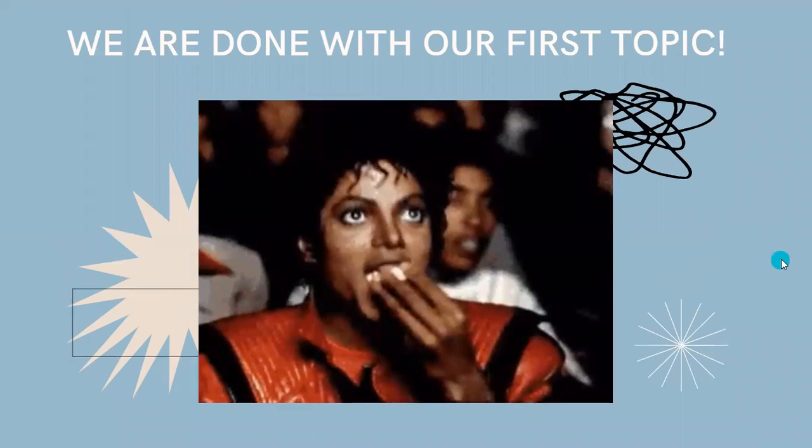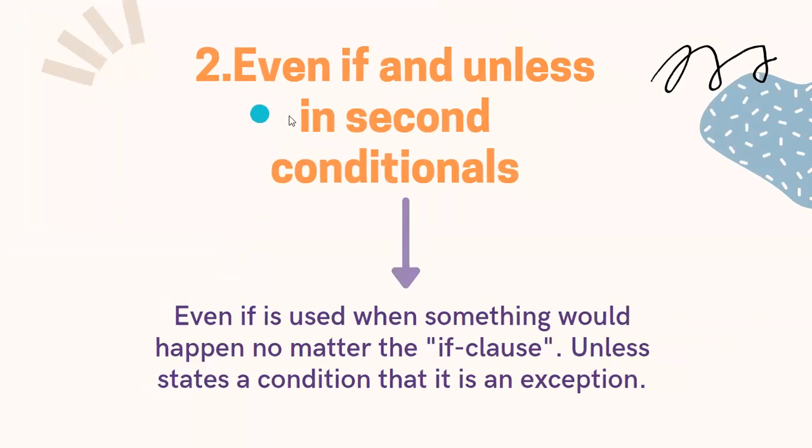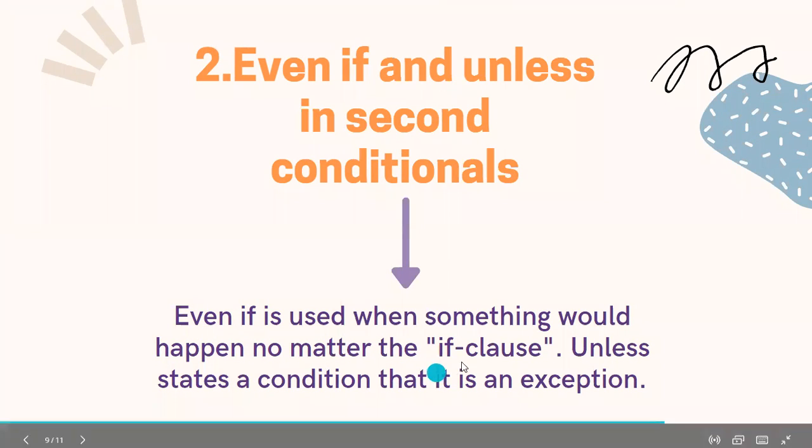We have finished our first topic, and now we're going to see how even if and unless are used in second conditionals. Even if is used when something would happen no matter the if clause, and unless states a condition that is an exception.